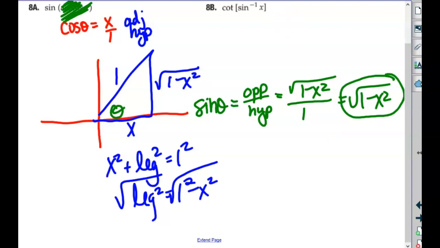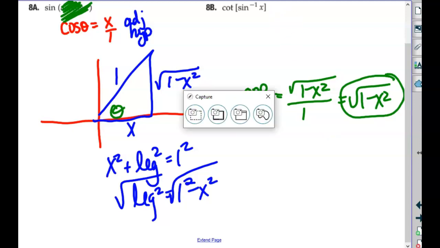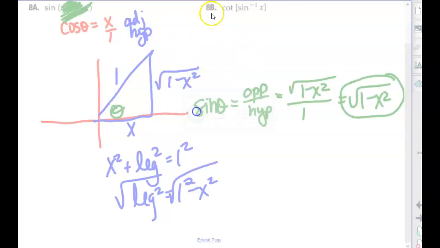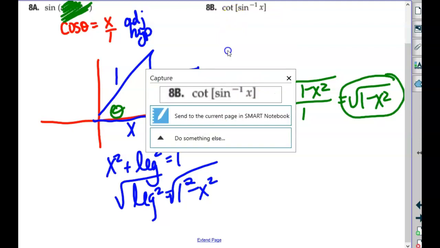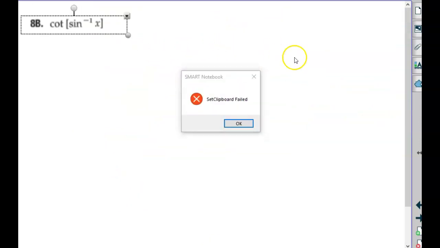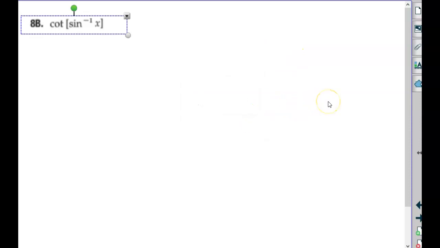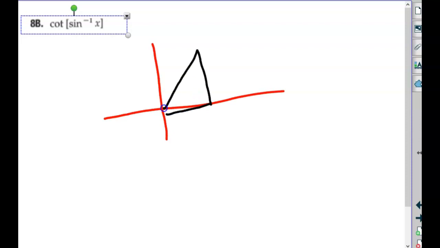Okay, I'm gonna put this one on another page. Okay. So this one says we have some triangle in the first quadrant, badly drawn, whose sine is x over 1, or opposite over hypotenuse.